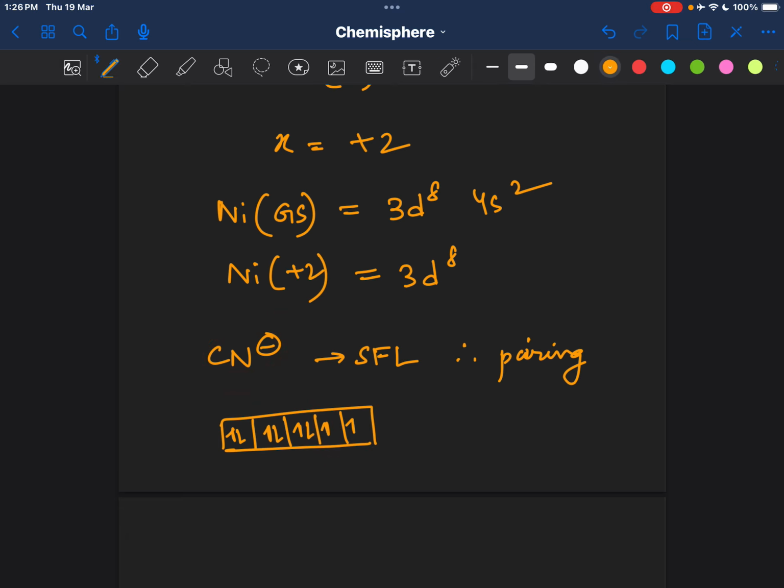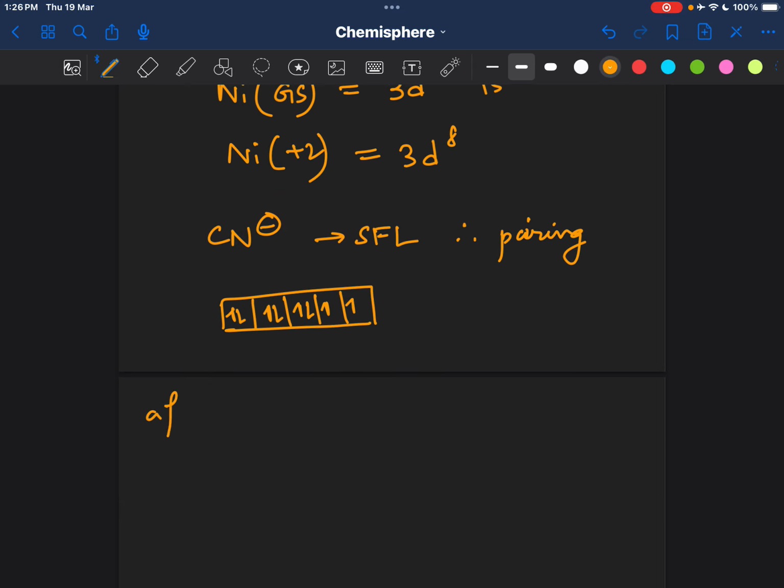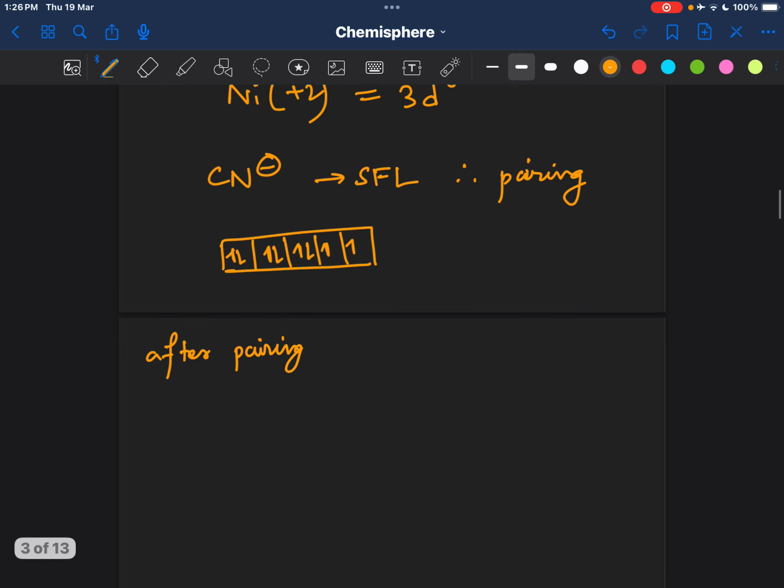So after pairing, nickel plus 2 is going to look like this: 1 2 3 4, 1 2 3 4 5 6 7 8. So therefore there is pairing.